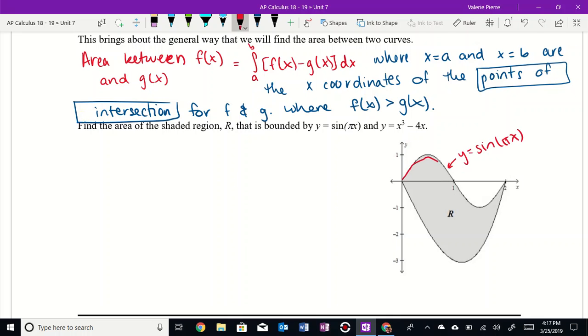I'll rewrite it in red so that you can see it a little bit better. And then this function down here is the y equals x cubed minus 4x equation. So in this case, sine pi x is greater than x cubed minus 4x on this interval.